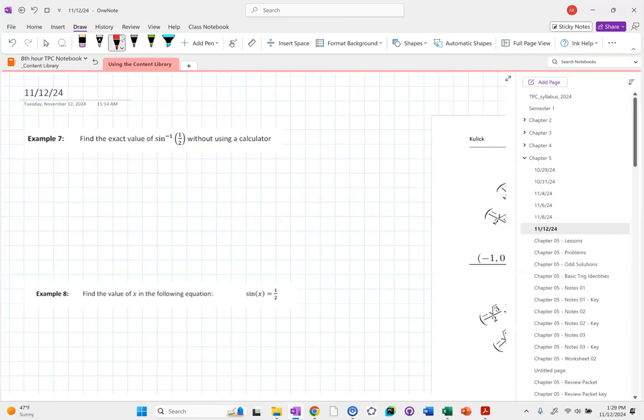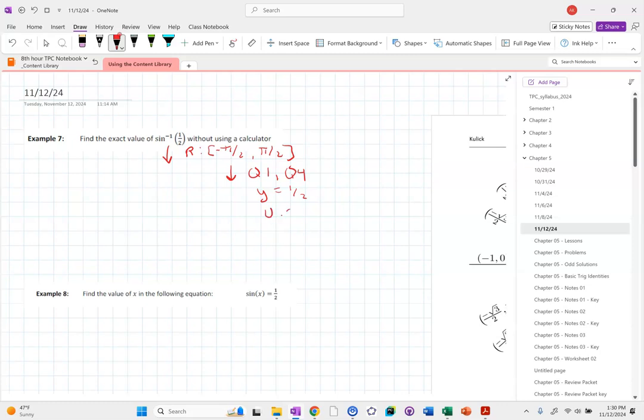So in Chapter 4, we asked you to do things like find the exact value of sine inverse of 1/2 without using a calculator. When you hear exact value in trig class, what are we expecting you to use? Unit circle, yeah. Remember, the range for sine inverse was -pi/2 to +pi/2, which means we're looking in quadrants 1 and 4 for where y is equal to 1/2.